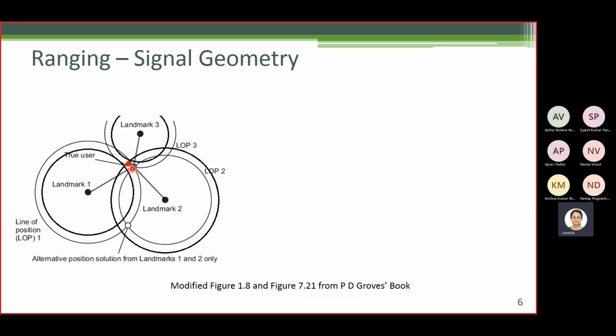So this implies that corresponding to any measurement, the user will be within a band of circles. It's not just one circle, because we have this bounded epsilon term which is expected to lie within a range associated with any measurement. We make a measurement, and we know that measured range is equal to true range plus epsilon.